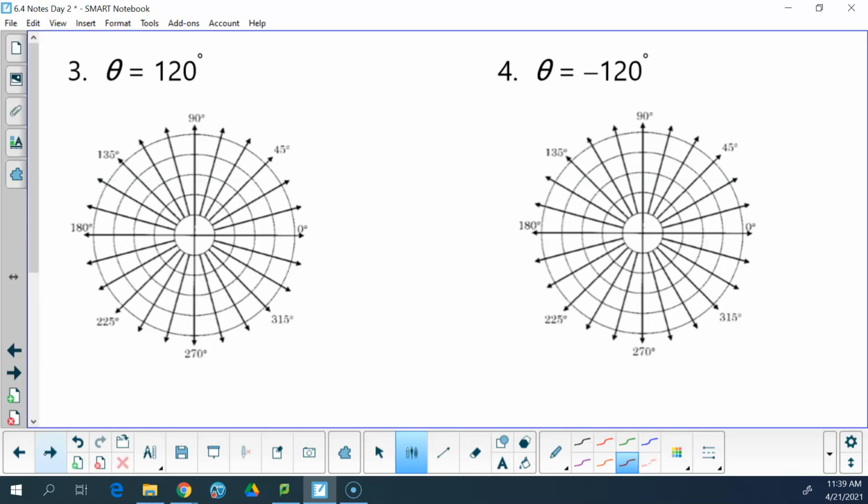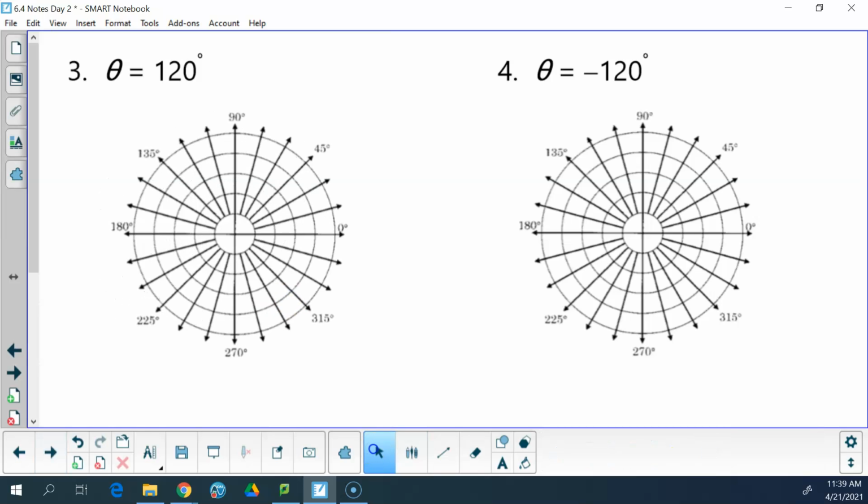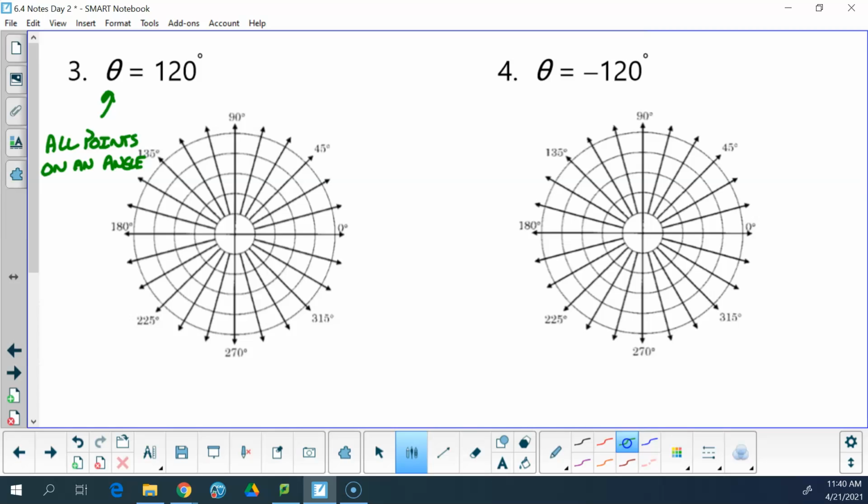Theta equals constant graphs. Okay? So what this is saying is we want all of the points that are on an angle of 120 degrees off of the polar axis.